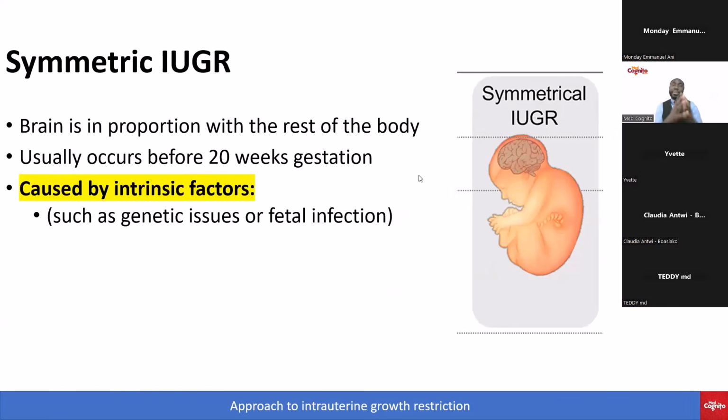So symmetric IUGR, the brain is in proportion with the rest of the body. So the body is small, the brain is small. Occurs before 20-week gestation, usually as a result of genetic issues and fetal infection. That's symmetric.